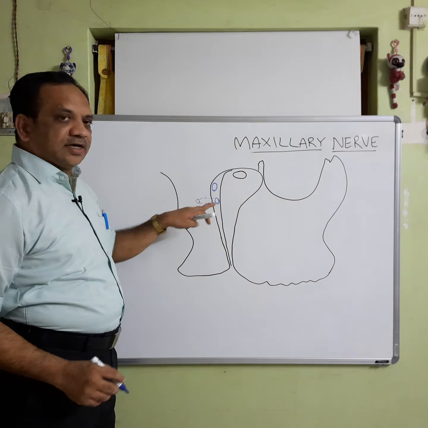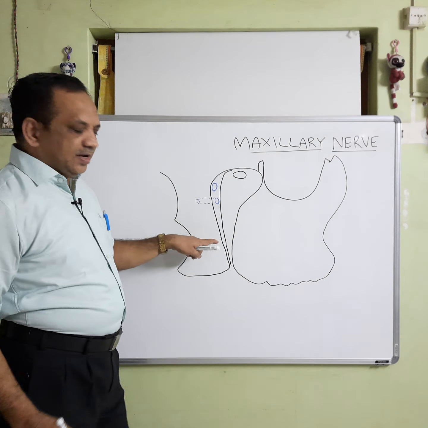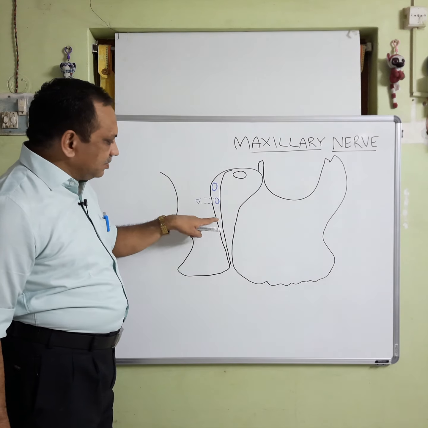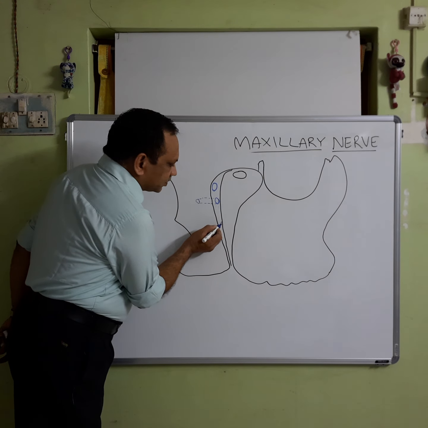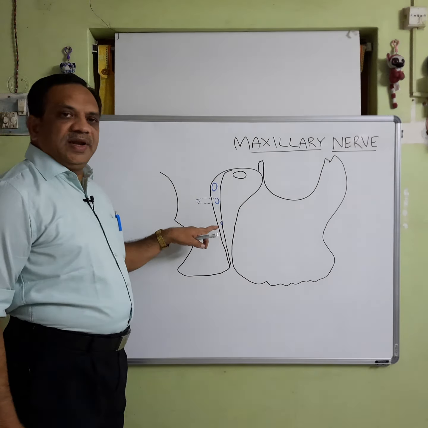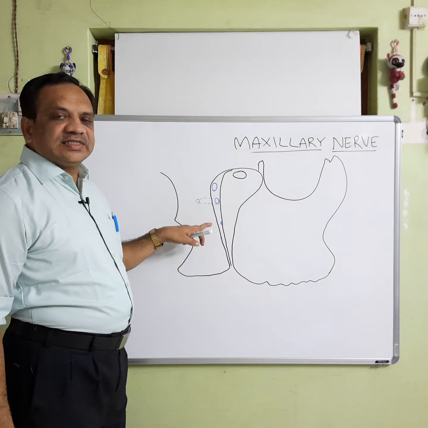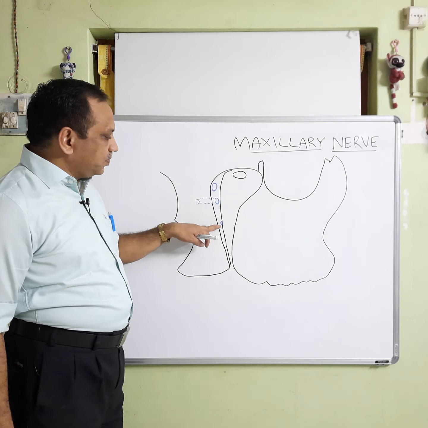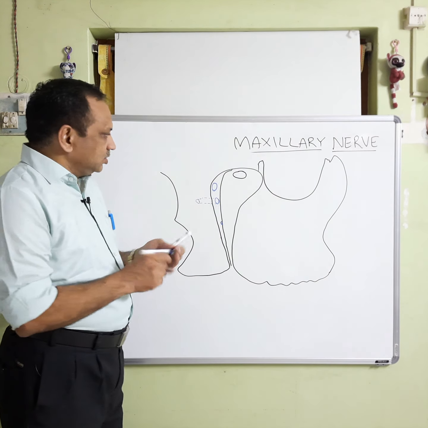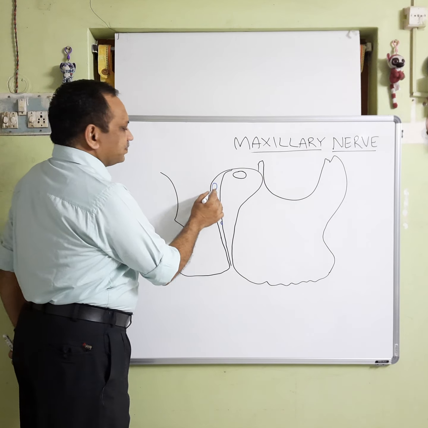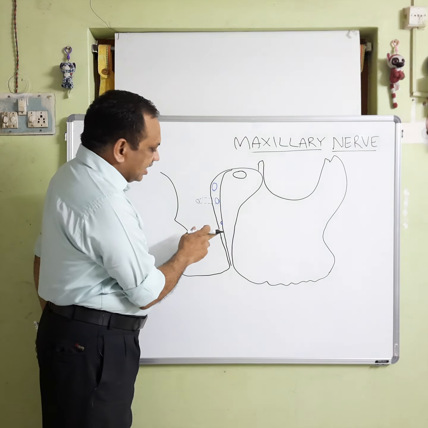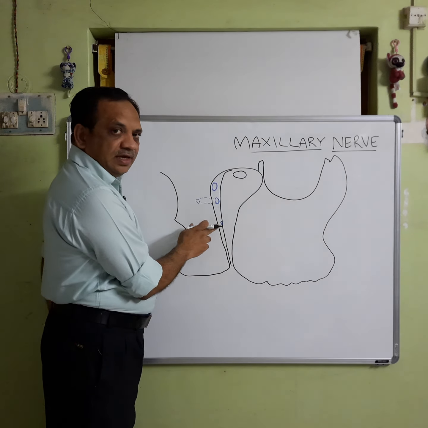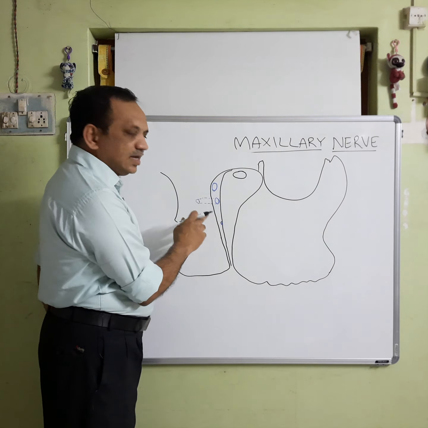So, this is the pterygoid canal, and another opening is present a little bit downwards towards the medial-most part. This is the opening of the palatovaginal canal. So, this is the foramen rotundum, this is the anterior opening of the pterygoid canal, and this is the opening of the palatovaginal canal.